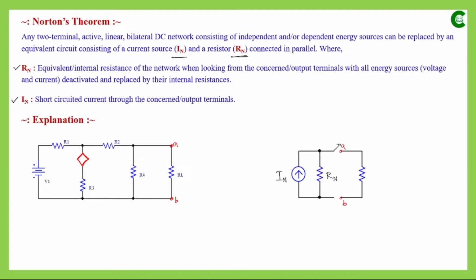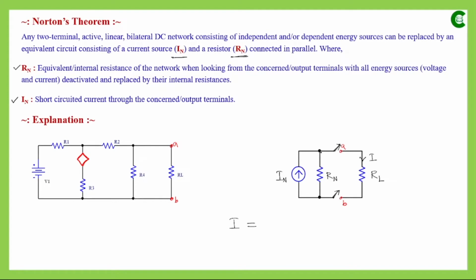Now with that simplified circuit, if we reconnect the load resistor that we removed in the first step, the circuit will be complete. If we want to find the current I that flows through this load resistor, it can be calculated like this.